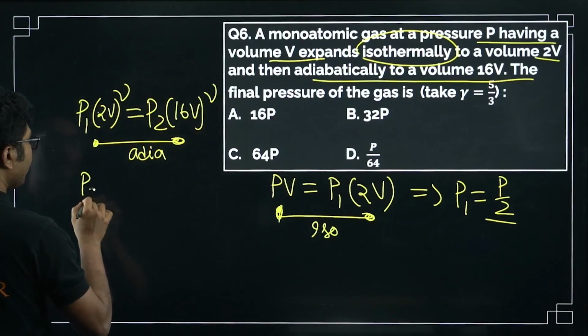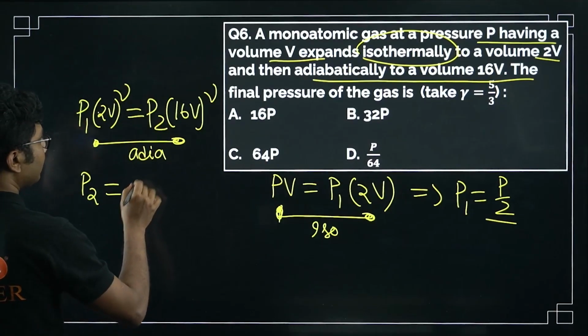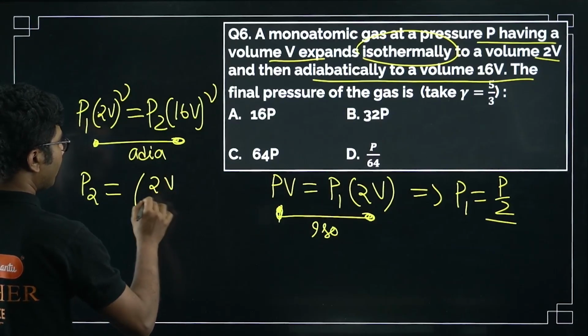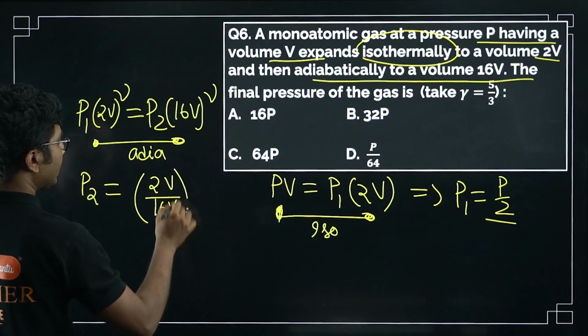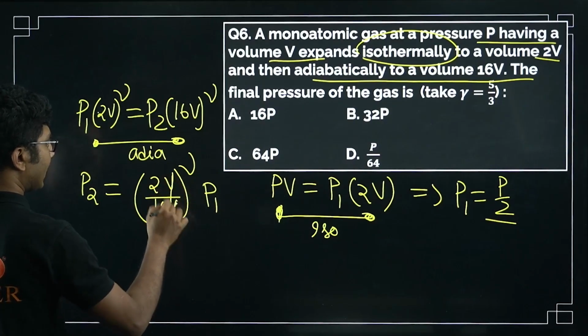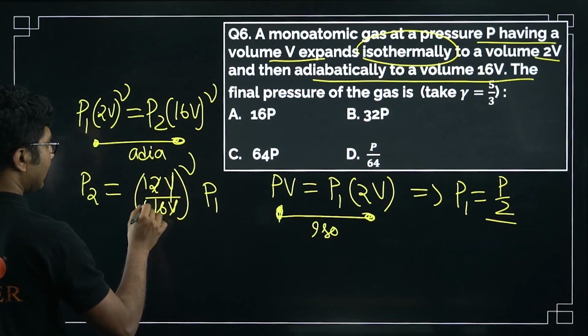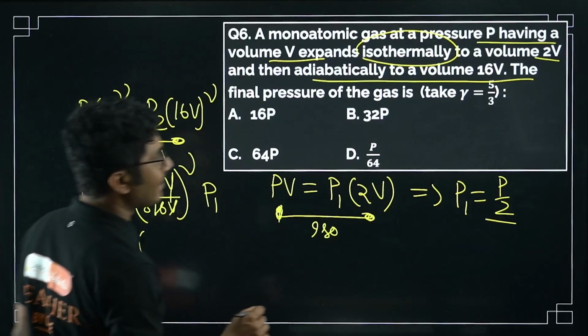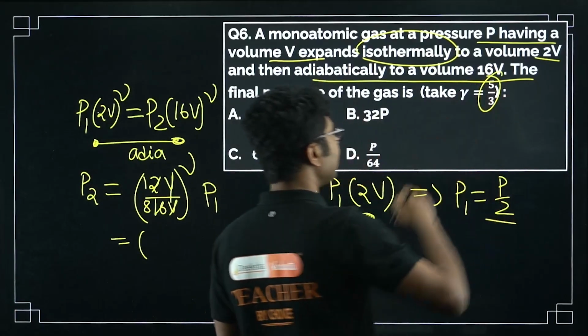Now we will put this value over here, but before that we have to simplify it a little bit. So P2 equals (2V by 16V) to the power gamma times P1. V cancels, we get (1 by 8) to the power gamma. Now what is gamma? The value of gamma is given as 5 by 3.